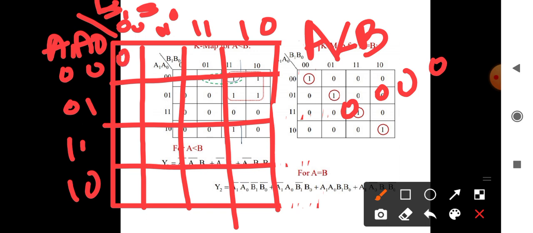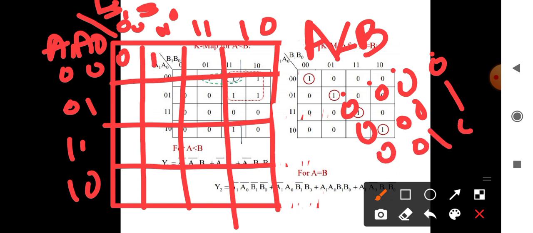For 0001, that is A1, A0, B1, B0, A is less than B, so it is 1 here. For 0010 also, A is less than B. For 0011 also, A is less than B. For 0100, it is not the case.